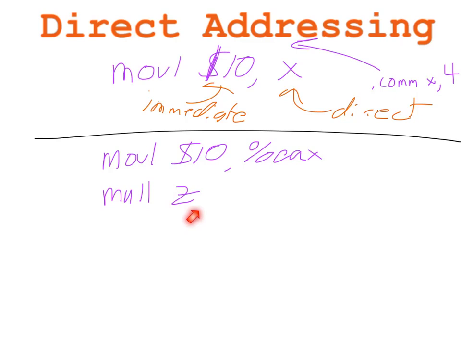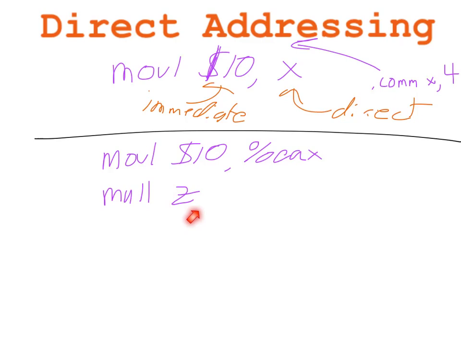That means that our result is going to be placed only in the A register. It won't overflow to the D register. And our result, it's whatever Z times 10 is. That's our result, and it's going to be placed in the post-op location of the A register. Because the post-op location is automatically the A register, multiplication will always use register addressing as the form of addressing for saving the result into the post-op location.